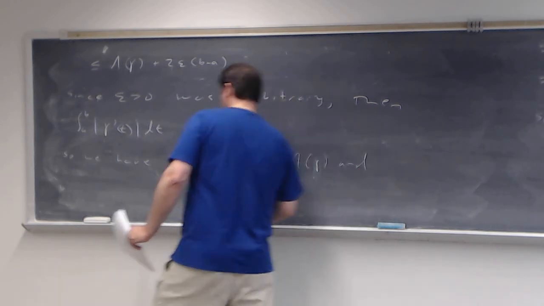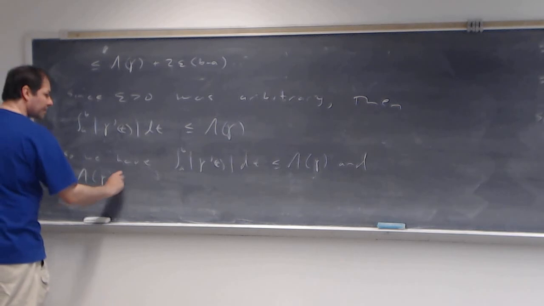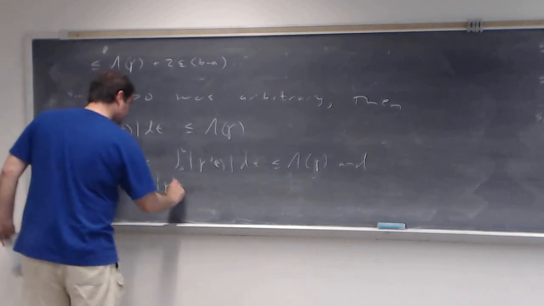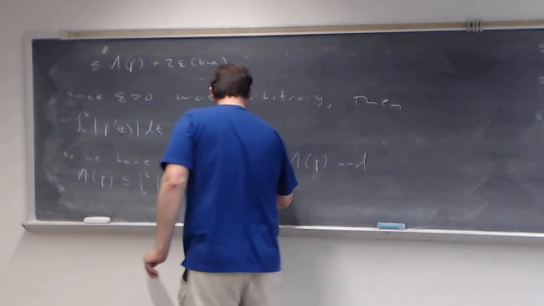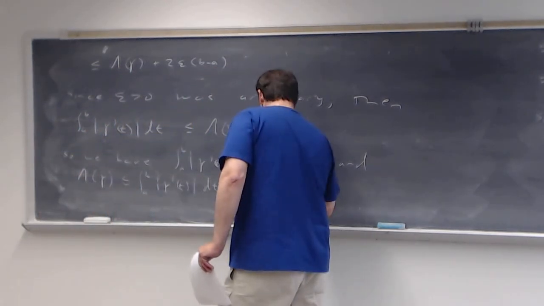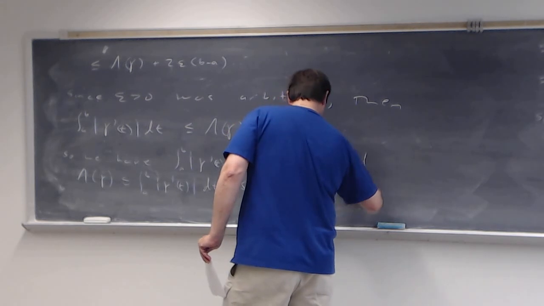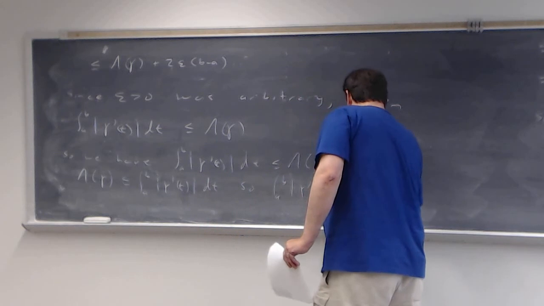And previously, lambda of gamma was less than or equal to this integral. So that means that these two items must be the same. And that's the proof.